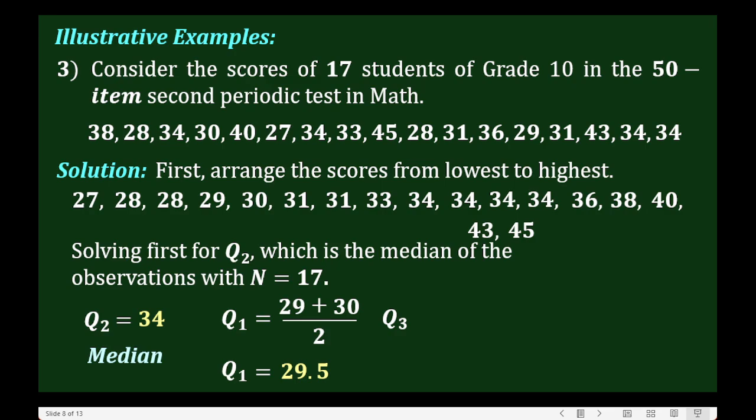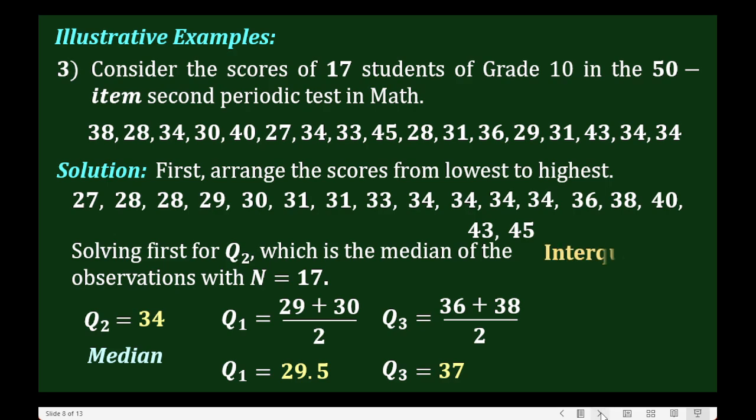So if there are 8 data on the right side of the median, we take these two positions at the middlemost, 36 and 38. We take the average of the two, so we have 37. Okay, so this is your upper quartile or Q sub 3.